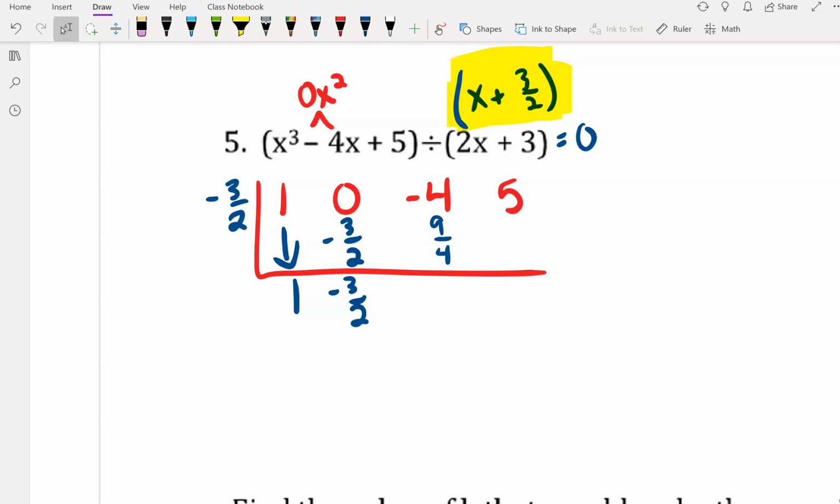All right, then I need to add straight down, negative 4 over 1 plus 9 fourths. I need common denominators, so I'm going to multiply the first one by 4, so this will be negative 16 fourths. Negative 16 plus 9 is going to be negative 7 fourths.